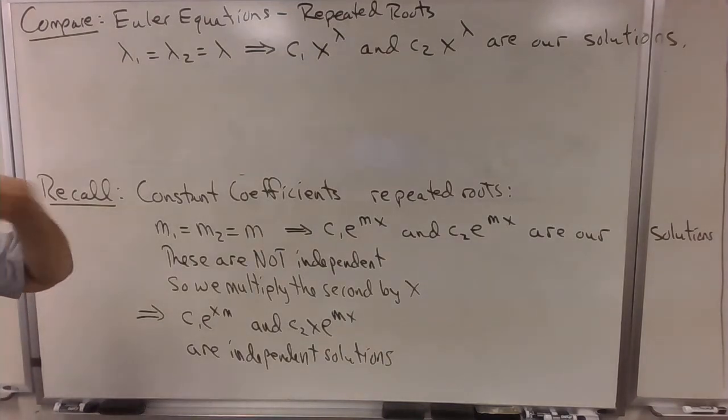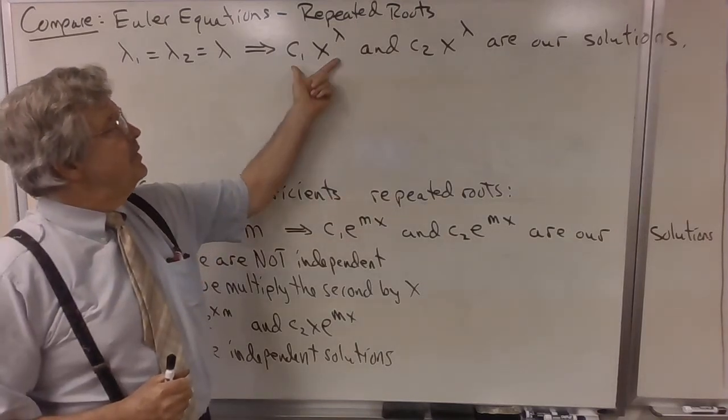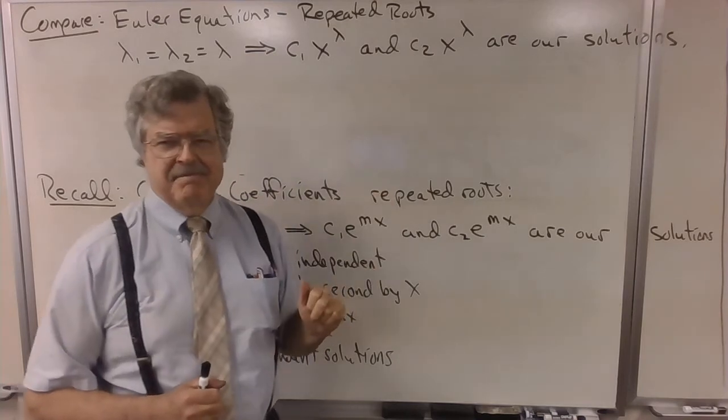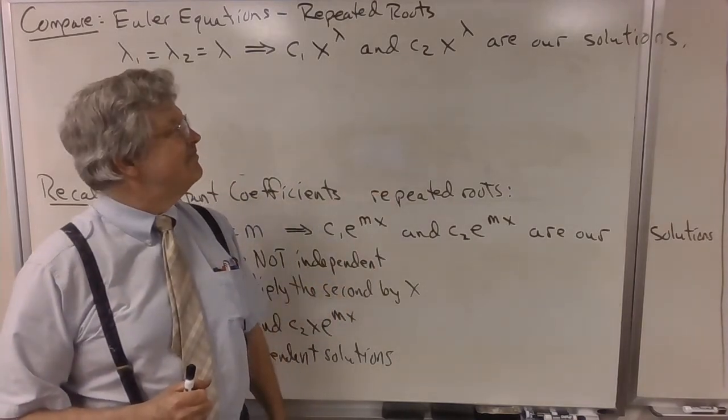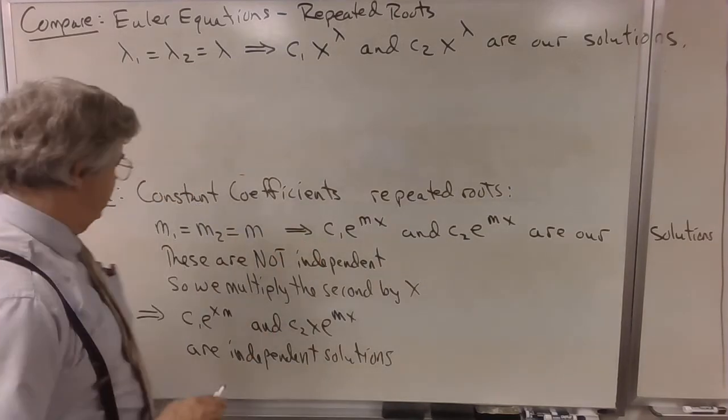We have a double root lambda, and that's going to give us c1 x to the lambda plus c2 x to the lambda. These are our solutions, but they're not independent.